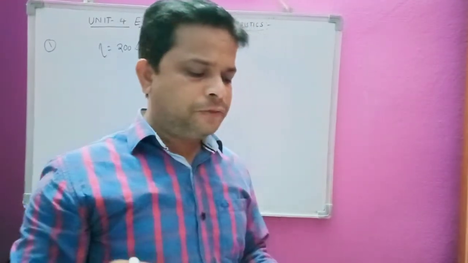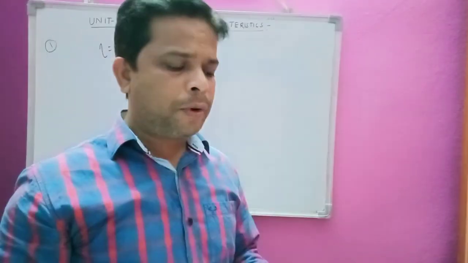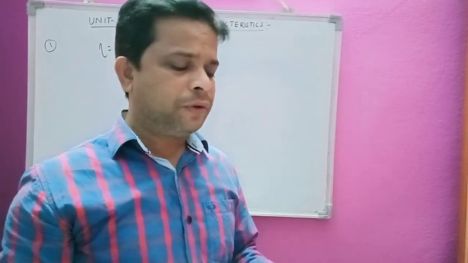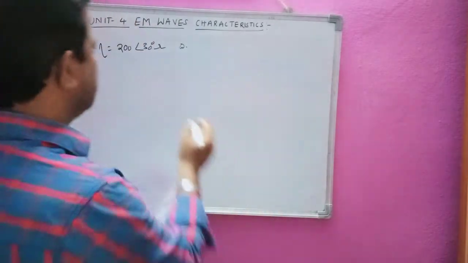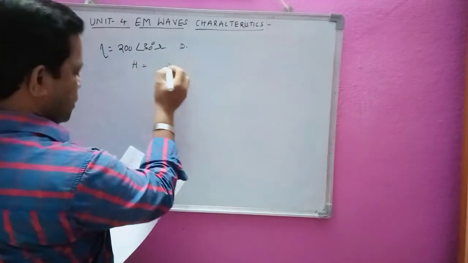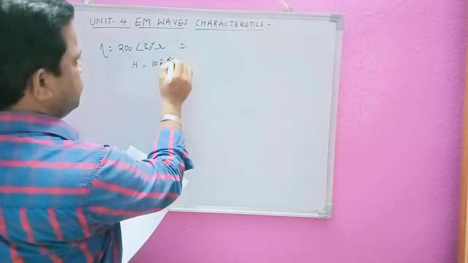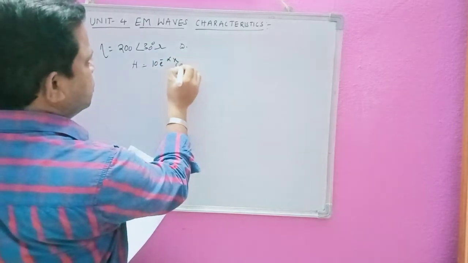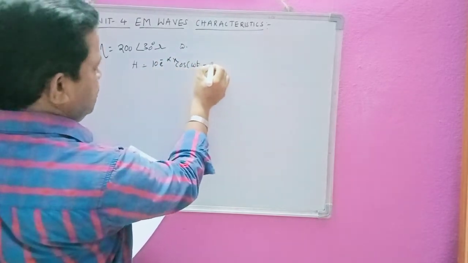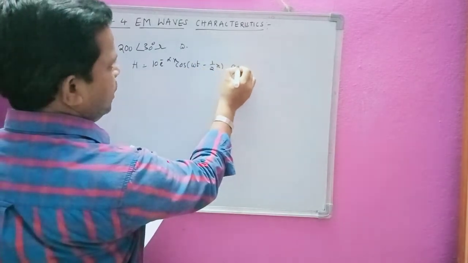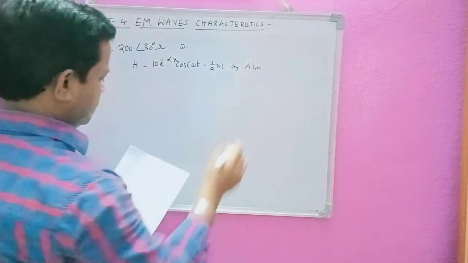If at that frequency the plane wave propagating through the dielectric has magnetic field, he has given the magnetic field, that is H is equal to 10 e power minus alpha x cos(omega t minus 1 by 2 x) ay amperes per meter.